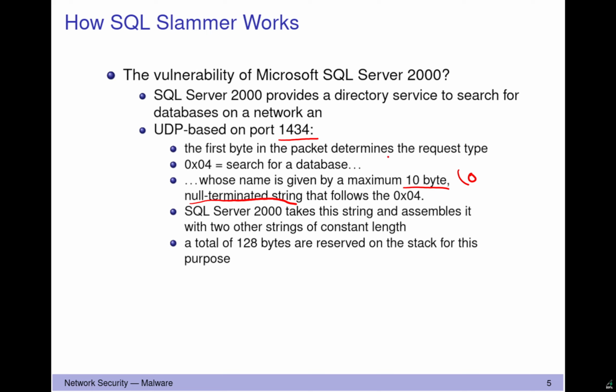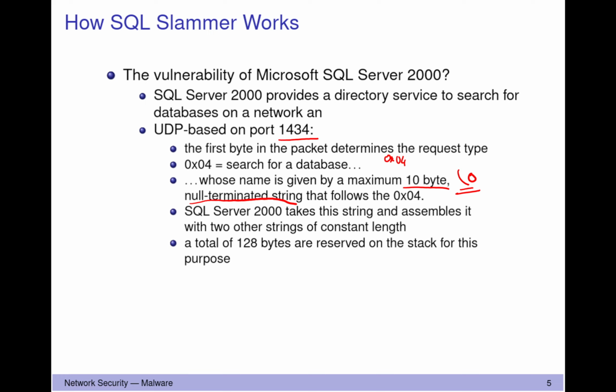So to make it clear, there's first this 04, then come 10 bytes, and then there's a null termination, basically to say this is where the string ends. So if you don't use the full 10 bytes, use just 7 bytes, then the 8th byte would be the 0, and you can identify that you don't have to read the remaining bytes. So it was expecting that the request is formatted according to this.